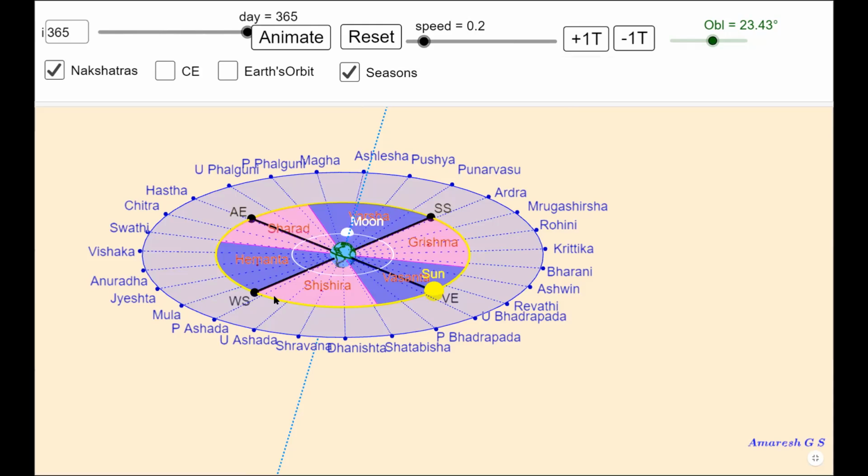That is where the new year begins per the Gregorian calendar. And the duration of each of the solar months of the Gregorian calendar, namely January, February, March, all the way to December, are also arbitrary.